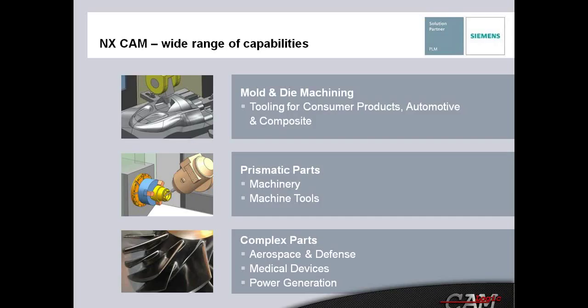This is where your Mori Seiki NT line or your Mazak Integrex line may come into play. And then there are also the complex parts, which will always require 5-axis machining. Typical industries are aerospace or medical devices.